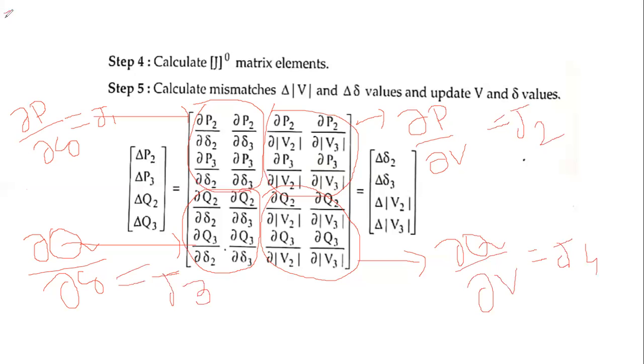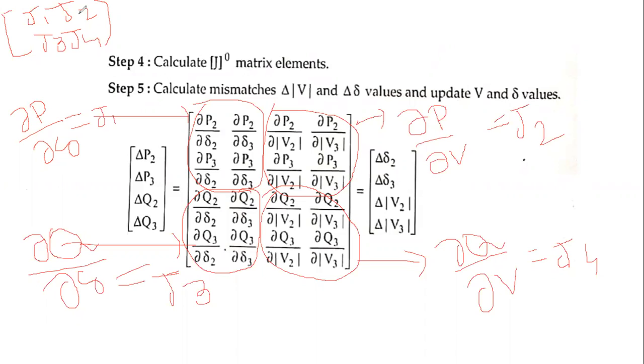Then the Jacobian matrix is J1, J2, J3, J4. J1 means dou P by dou delta.